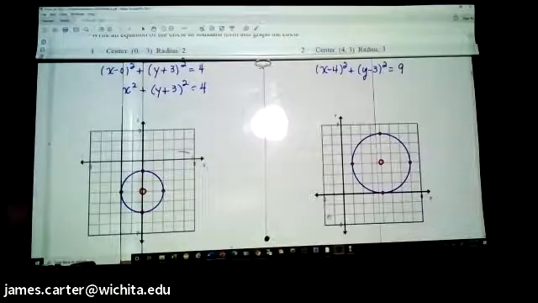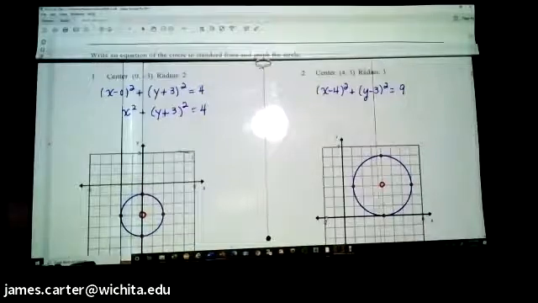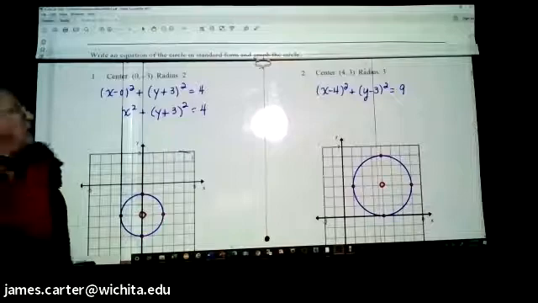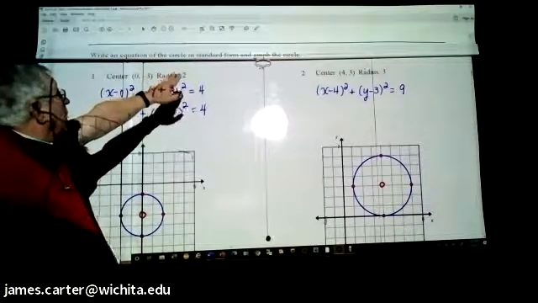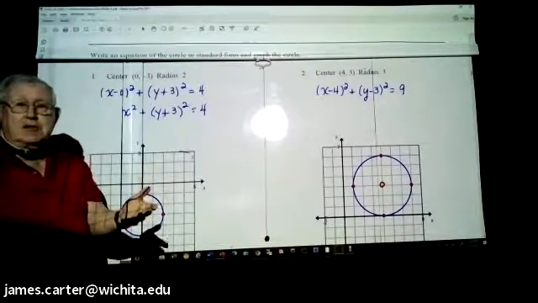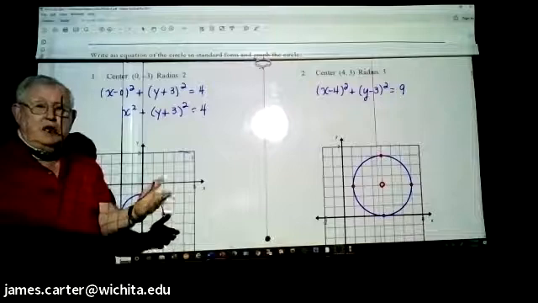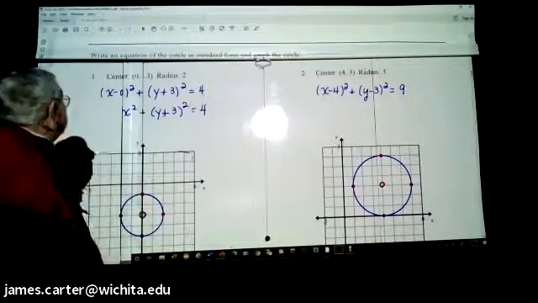Okay, so move that down just a little bit so we can see everything. There we go. Write the equation in standard form and graph the circle. Okay, standard form is x minus h quantity squared plus y minus k quantity squared equals r squared.